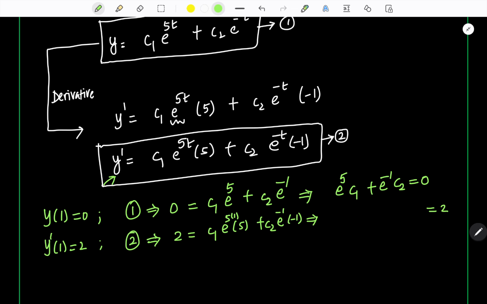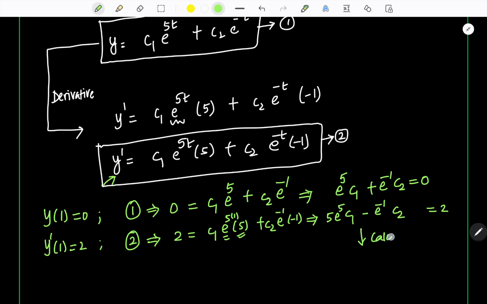The right hand side is 2, and on the left hand side I take the constants to the front: 5 e power 5 c1 minus e power minus 1 c2 equal to 2. So this is my equation.